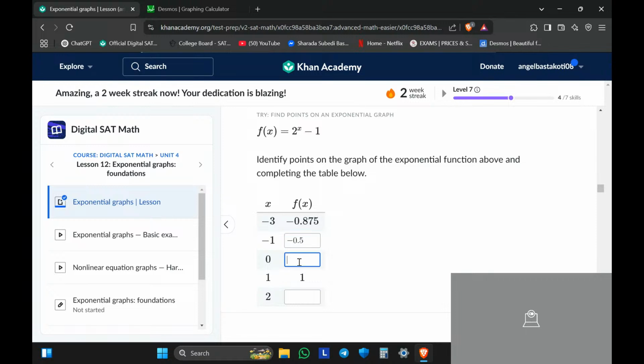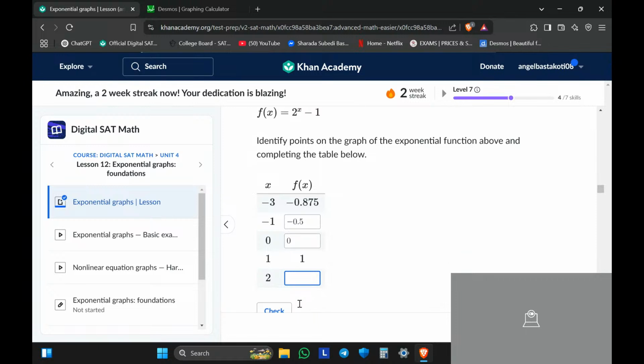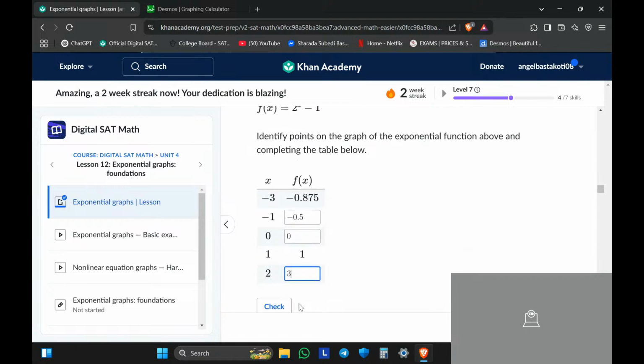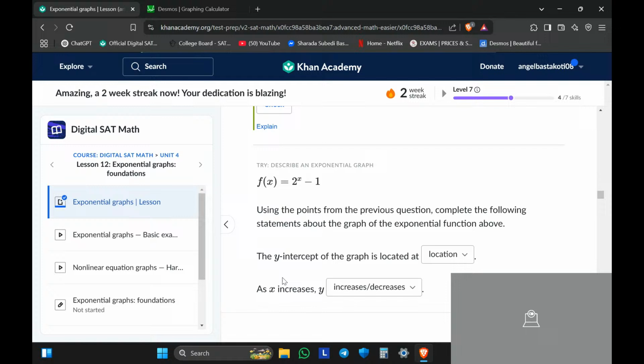Now this is 0, minus 1, plus 1. Check. Measure the points. What's in the graph and if the cost of 0 and 0, minus 1, 0, 0.